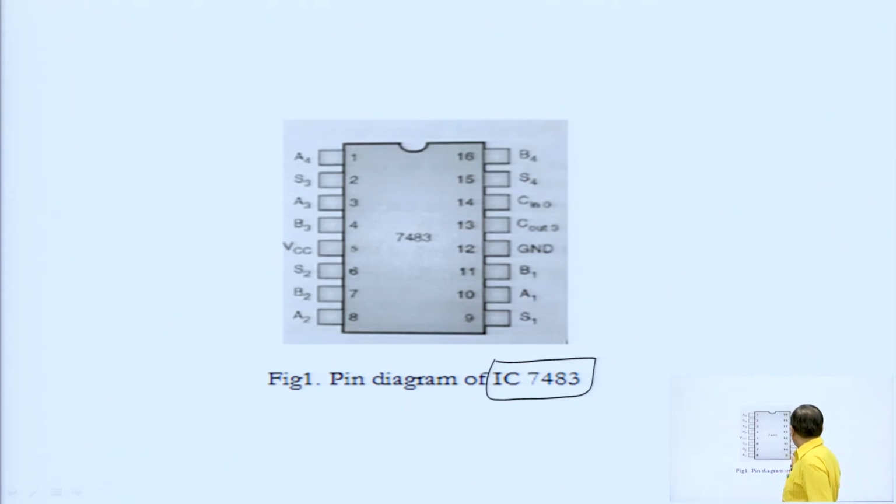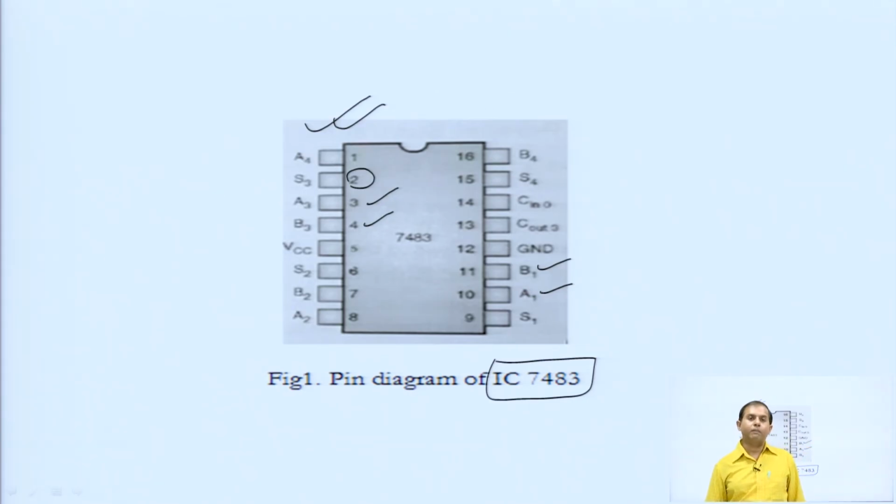So, A1 is pin number 10, B1 is pin number 11, like that A3 is pin number 3, B3 is pin number 4 and sum 3 will be from pin number 2. Okay. So, like that the IC has been fabricated, designed. And this is the IC number of 4 bit parallel adder.